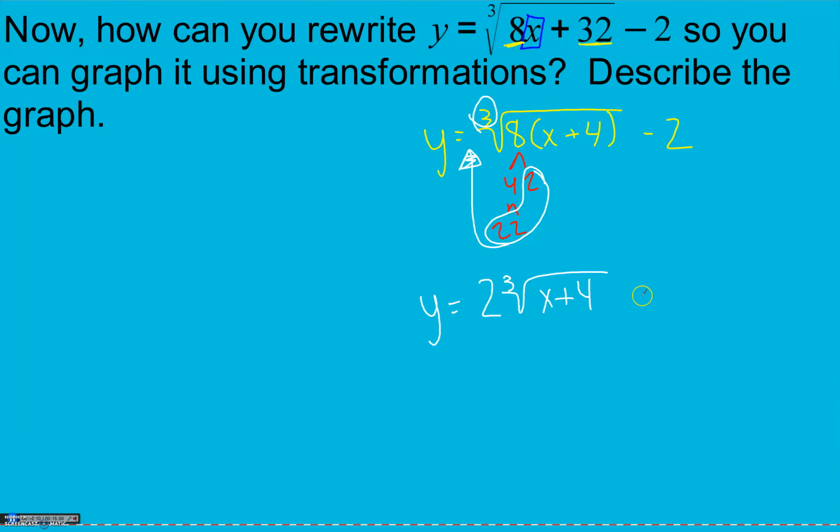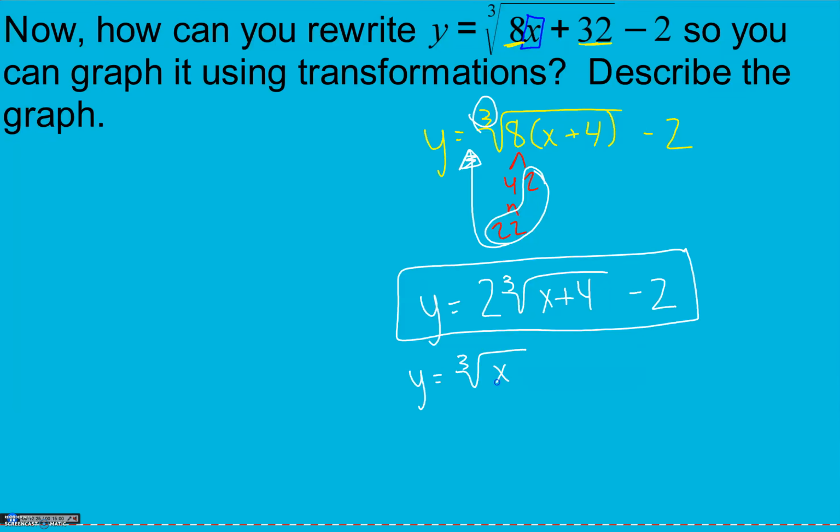And again, I didn't change that minus 2 at all. So here is my function that I can use to get my transformations from. To describe my graph, I start off here with the cubed root function.